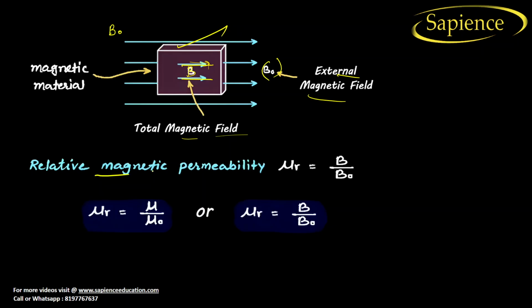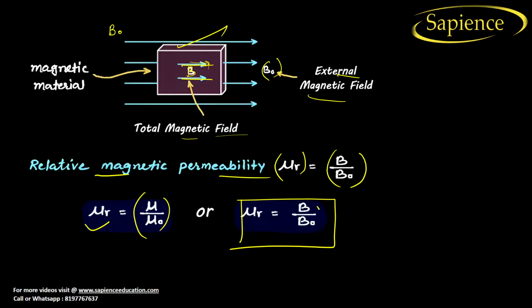So relative magnetic permeability can also be written as B by B naught. We have already written mu by mu naught as relative permeability, or we can also write it as the magnetic field inside the material divided by the magnetic field outside the material in space. So this is one of the formulas.